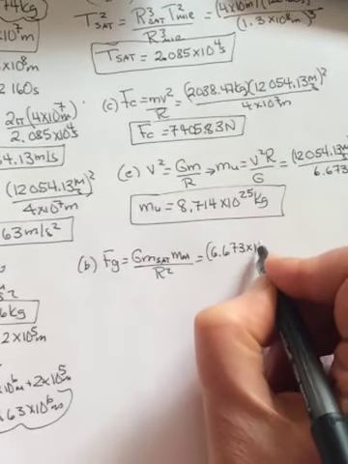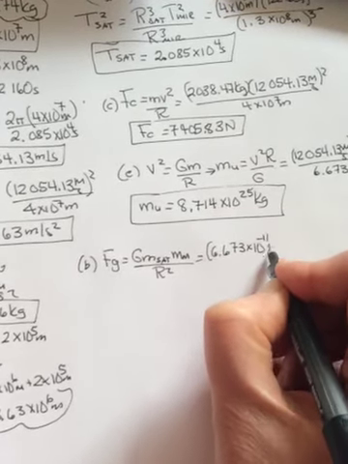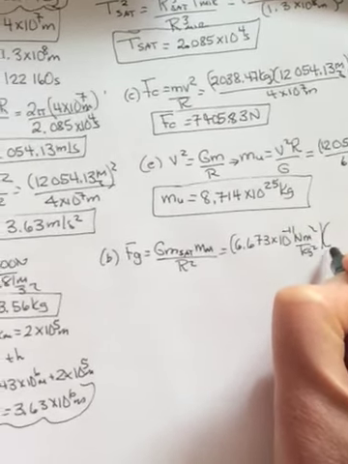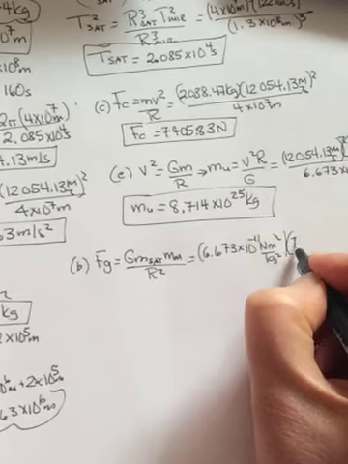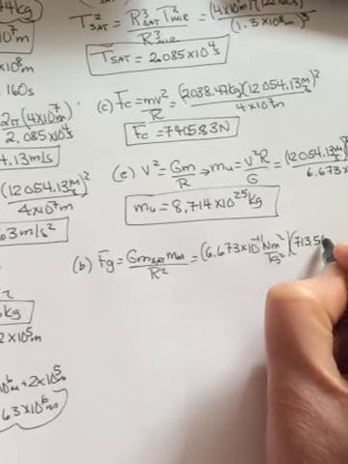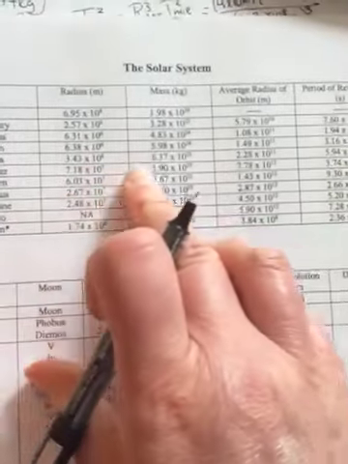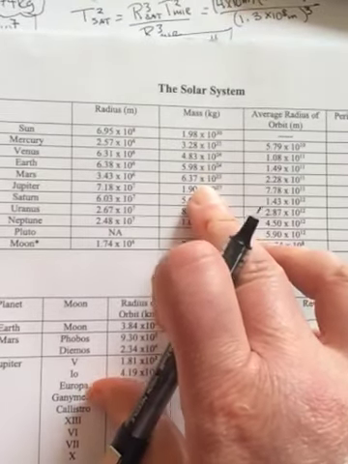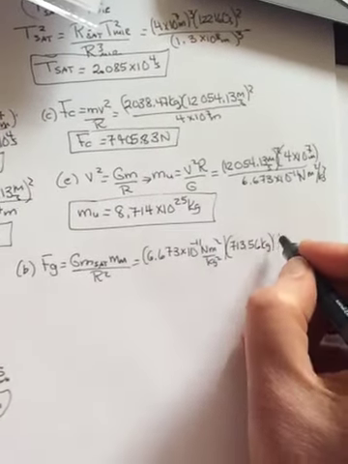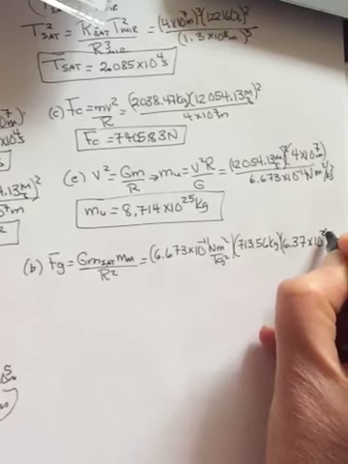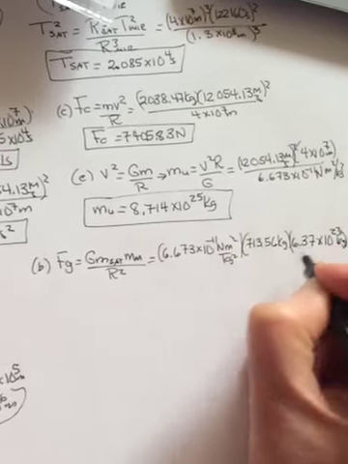So 6.673 times 10 to the negative 11 newton meters squared per kilogram squared. Mass of our satellite was 713.56 kilograms. And then again, go to your chart to find the mass of Mars, 6.37 times 10 to the 23 kilograms.